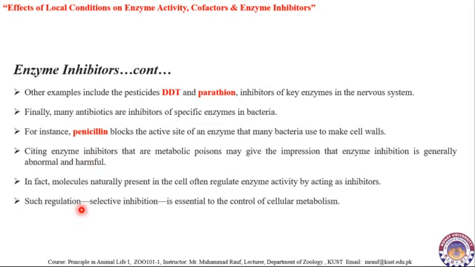Such regulation, selective inhibition, is essential to the control of cellular metabolism. Now suppose an enzyme is catalyzing a reaction, it is forming a product, and now the product formed by this enzyme is in surplus amount, which is more than required by the cell.